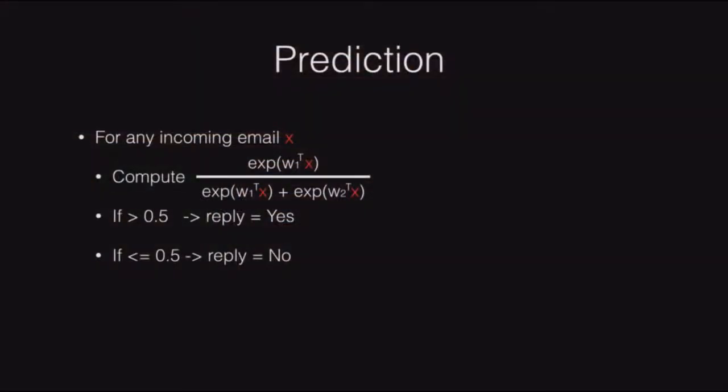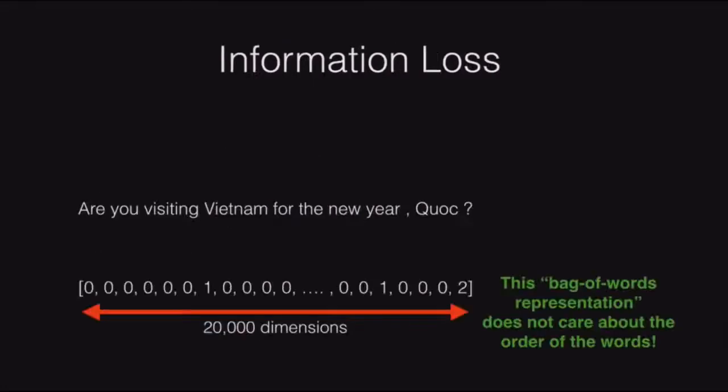Then you compute the first probability: exponential of W1 times X divided by exponential of W1 times X plus exponential of W2 times X. And if that probability is larger than 0.5, then you say yes. And if that probability is less than 0.5, then you say no. Okay, so that's how you do prediction with this.